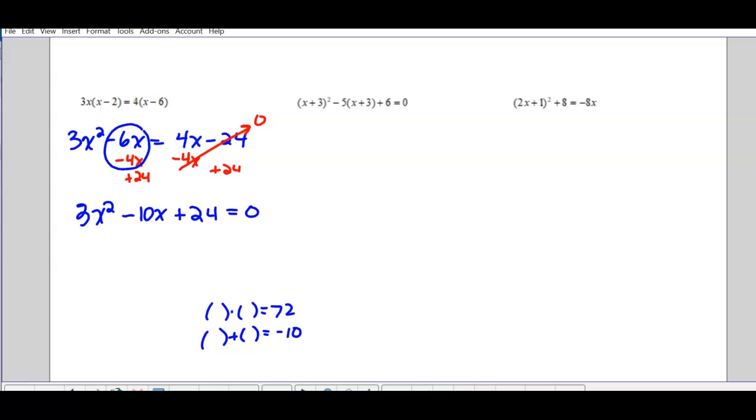So what's that? 2 and 36. 3, no, it's got to be bigger than that. 4 and 18, no. 6 and 12, no.